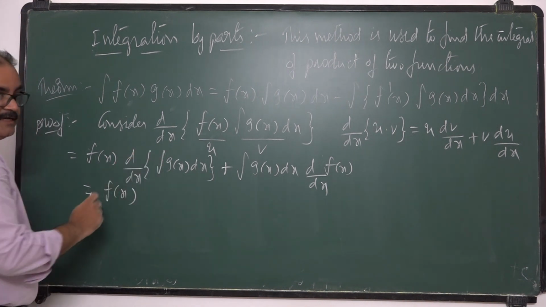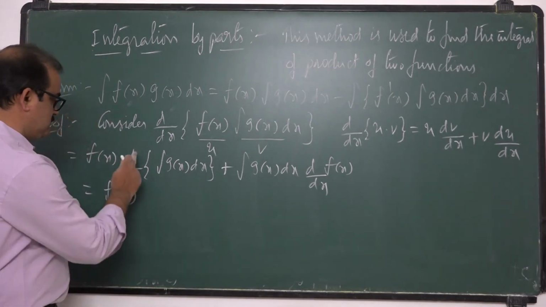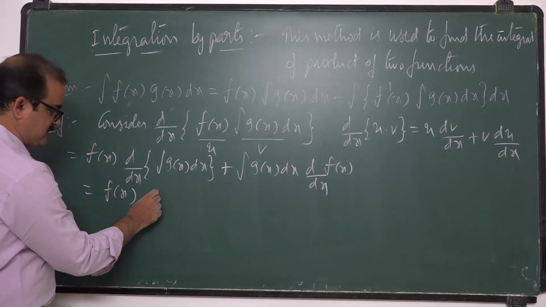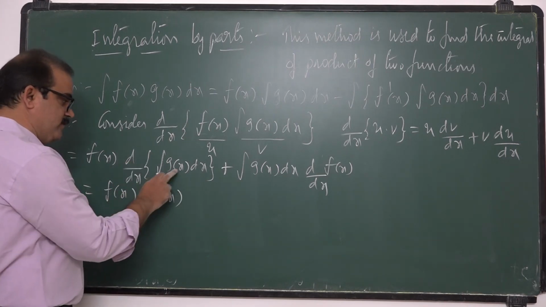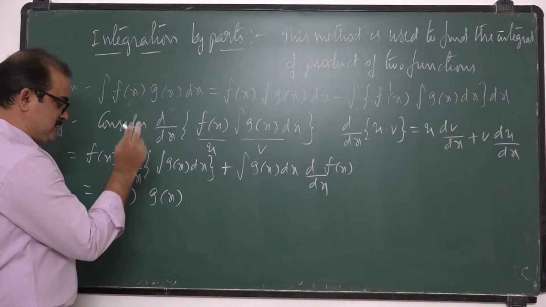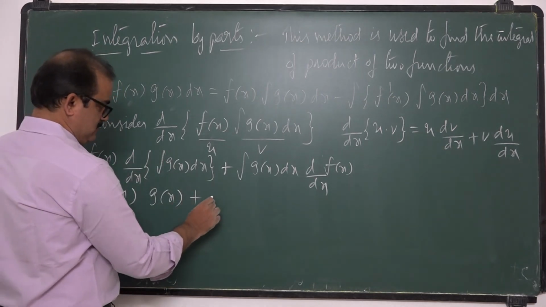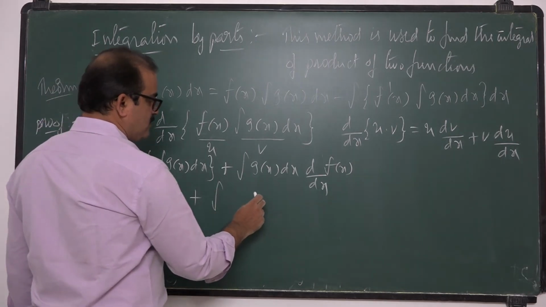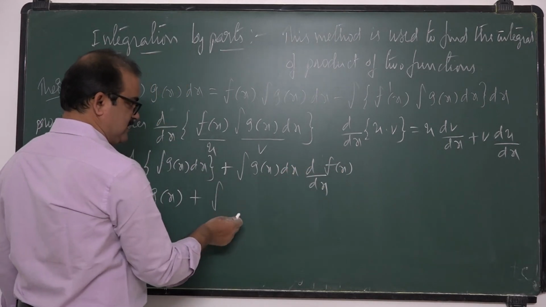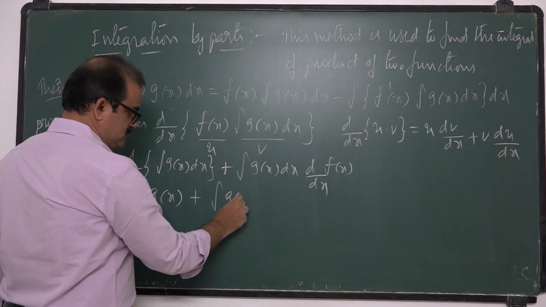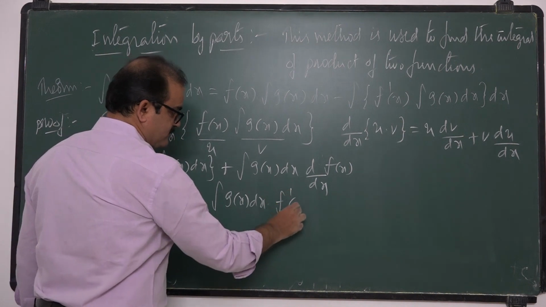Derivative of integral or integral of derivative is itself. So derivative of integral g of x is g of x. Derivative of integral of any function is itself. So we get g of x plus integral of d by dx of f of x, that is taken as f dash x, g of x dx into f dash x.